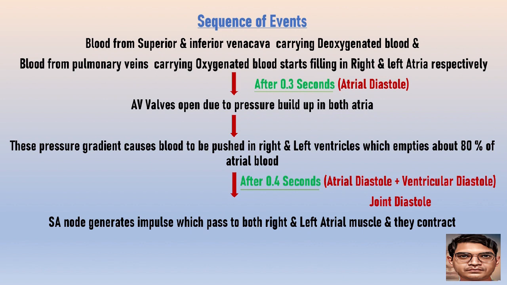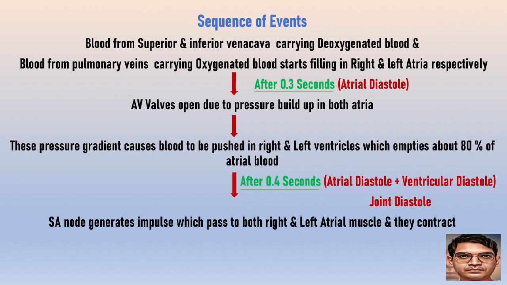Deoxygenated blood means the blood which is carrying less concentration of oxygen and more concentration of CO2, whereas oxygenated blood is the blood which is carrying more concentration of oxygen and less concentration of CO2. Now, when this atrial filling is going on, after about 0.3 seconds, atrioventricular valves, that is tricuspid and bicuspid valves, open due to the pressure buildup in both the atria.